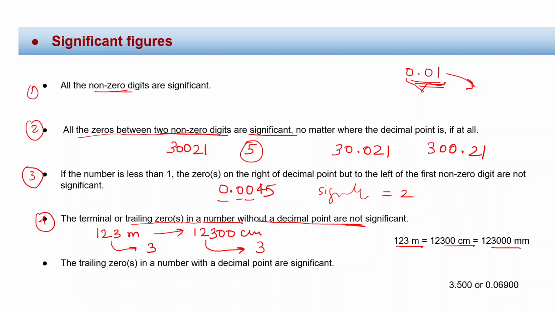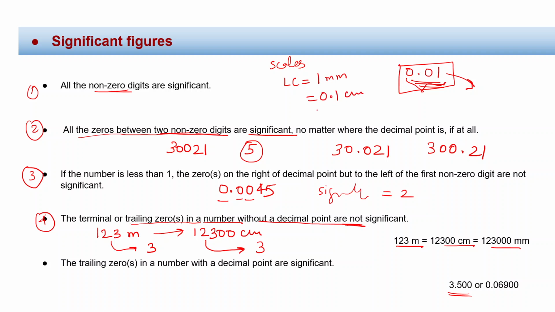Now this is another case where, if these zeros are coming after the decimal point, then they become significant. The reason is that, as I said, if I have some instrument to measure, like in module 1 we talked about vernier calipers, or our simple 15 centimeter scales, its least count is 1 millimeter, that is 0.1 centimeter.